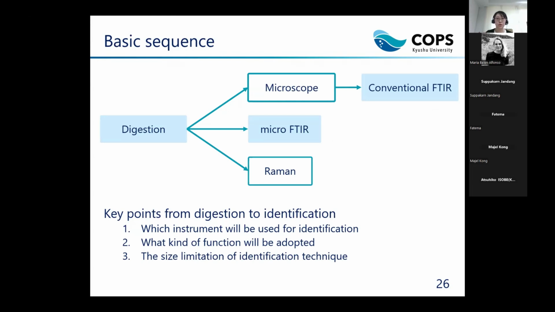And you should consider some points after the digestion, I mean sample preparation. Which instrument will you use for identification? And what kind of function will you use for your identification, and also the size limitation of the identification technique.